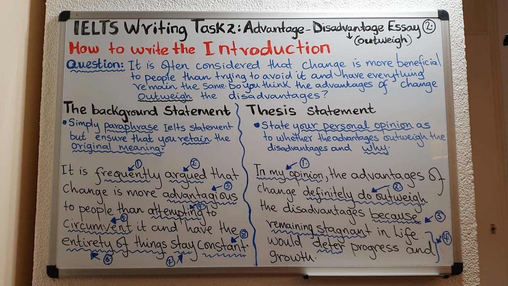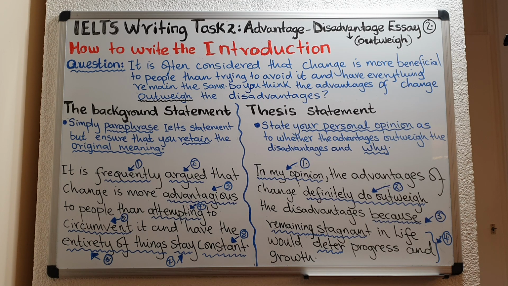The first word I changed is "often," which I replaced with "frequently." And then I changed the word "considered" and replaced it with the word "argued." And then the other word that I changed is "beneficial." I replaced it with "advantageous." And the fourth word was "trying," which I replaced with "attempting."